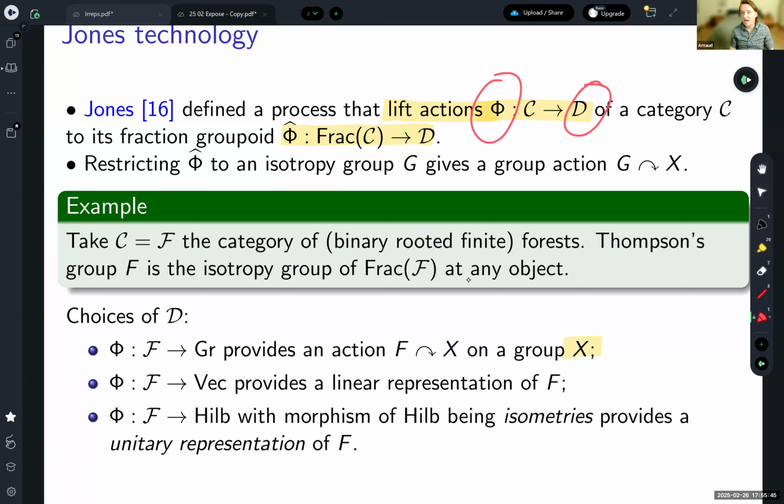Okay. And so just to give a few examples, let's take now, I fix my category to be the category of binary forest, the one we just saw. And I take a functor that goes into the category of groups. Well, it will give me an action of Thompson's group F on this guy, which will be a group.